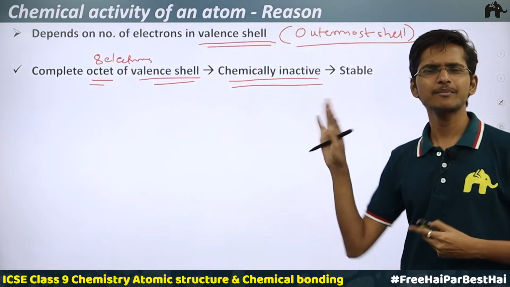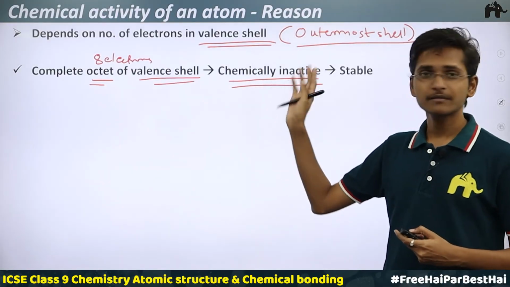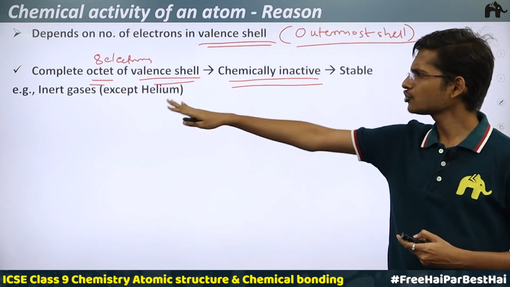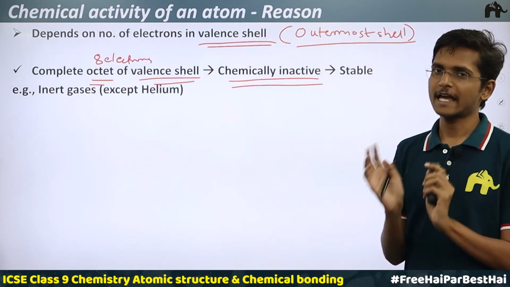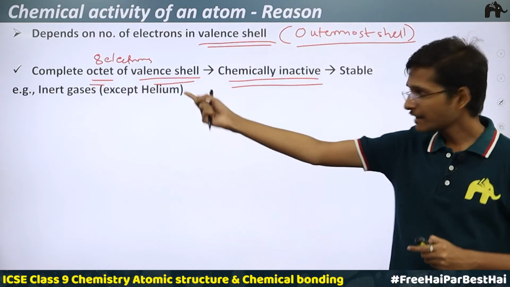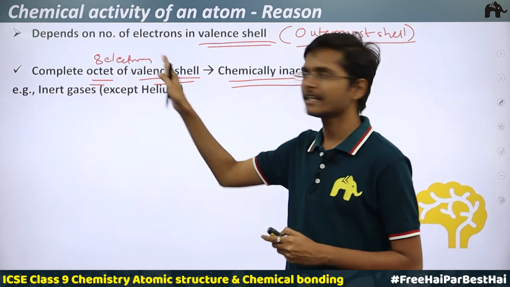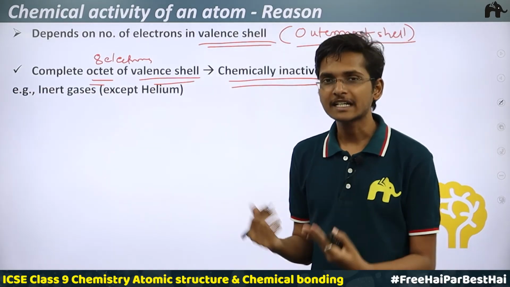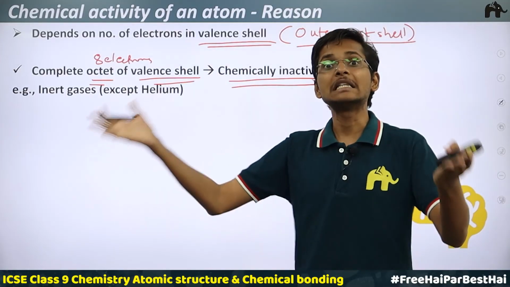Fine. So which are such type of atoms, or which are the elements which are the atoms of such elements? The inert gases, we also call them noble gas elements. These elements have a complete octet of the valence shell, or we can say they have 8 electrons in their outermost shell, and that's the reason they do not interact with their own atoms as well as with the atoms of other elements.